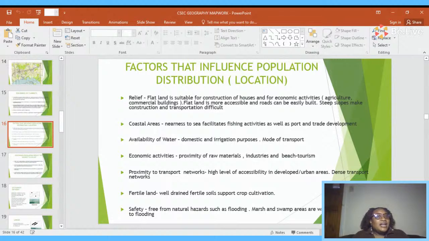But if you look at Jamaica, Grenada, St. Lucia, most of these islands, if you have traveled before, their airport is directly on the coast, right? So coastal areas tend to be well developed, and that will attract people or settlements to locate there.